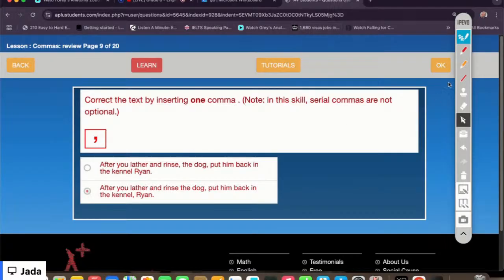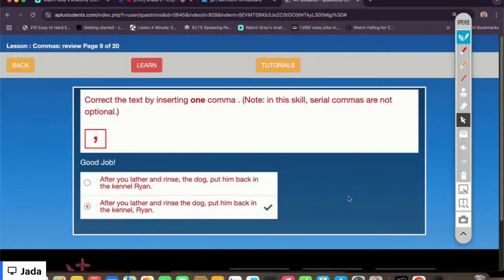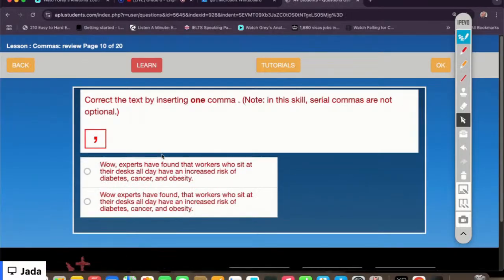Okay, so we have the second. Next: wow, experts have found that workers who sit at their desks all day have an increased risk of diabetes, cancer, and obesity. First or second?